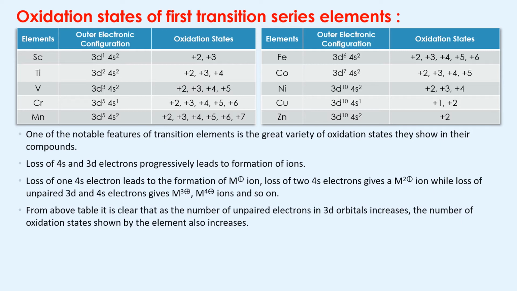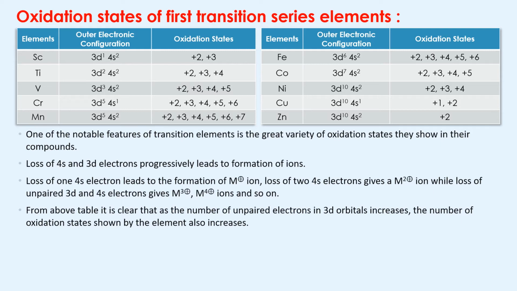Now we take the example of manganese. Manganese shows oxidation states from +2 to +7. So +2 because it lost 2 electrons from 4s. +3 because it lost 2 electrons from 4s, 1 from 3d.